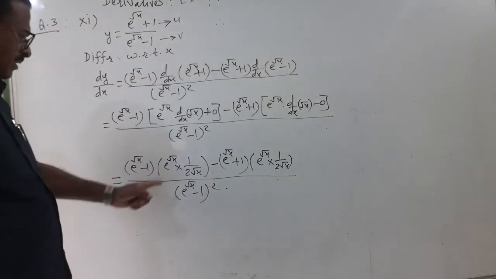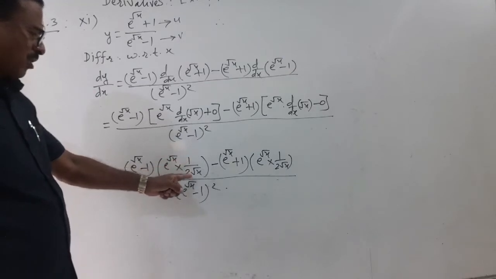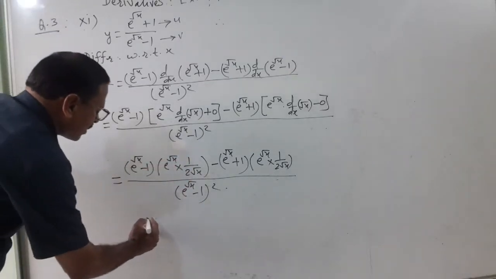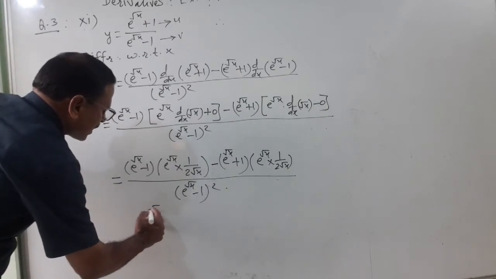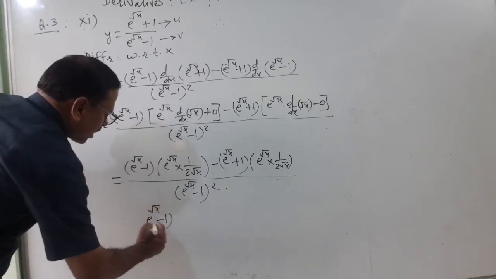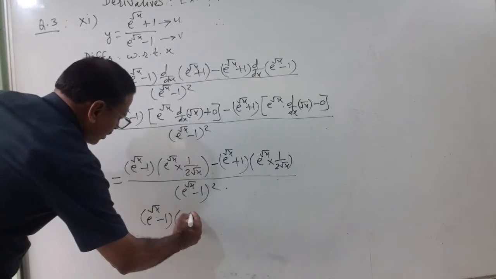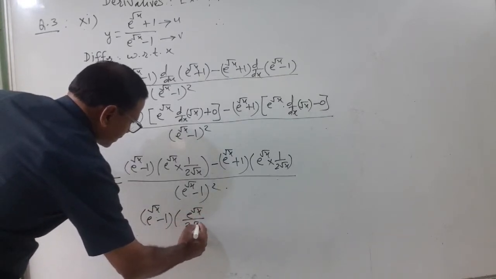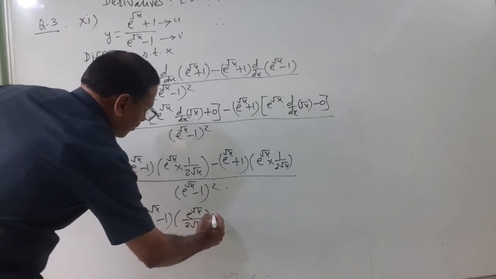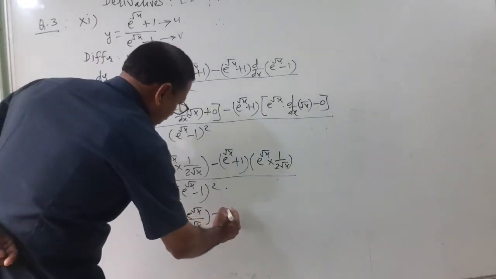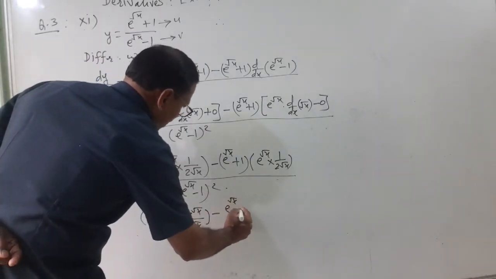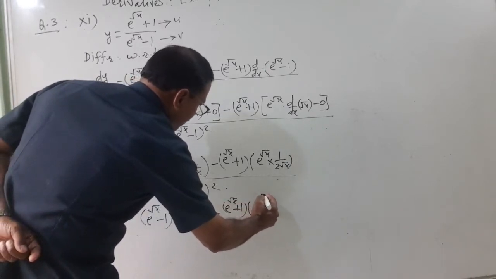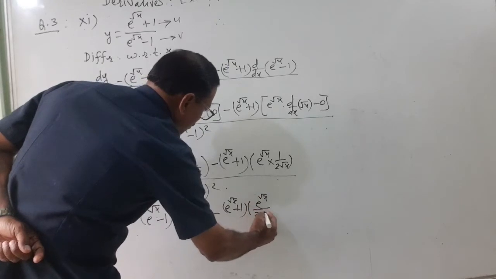Now this is e^√x upon 2 root x. By this I will multiply. I will just complete one step first and then it will be easy. Don't hurry. Into e^√x upon 2 root x, minus (e^√x + 1) into e^√x upon 2 root x, upon (e^√x − 1) whole square.